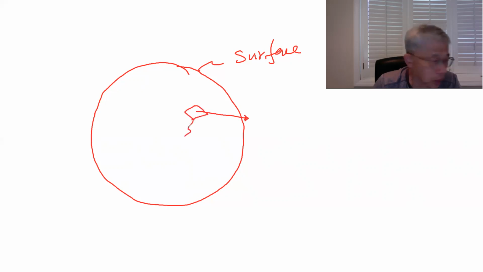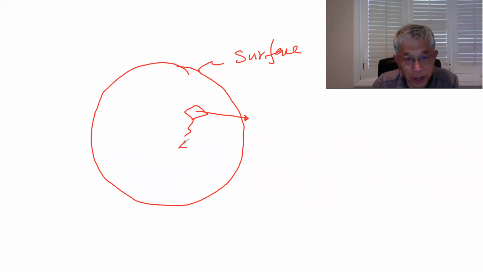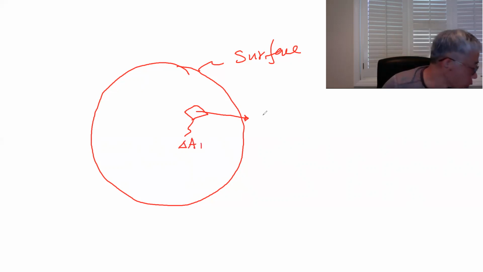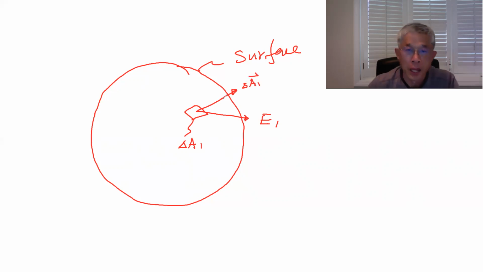We're going to call this one delta A1, and the field here E1. This delta A1 has a vector going this way, which is also called the delta A1 vector. This angle we'll call theta 1.